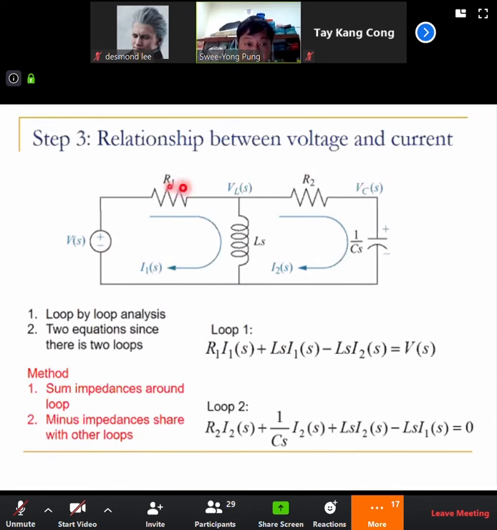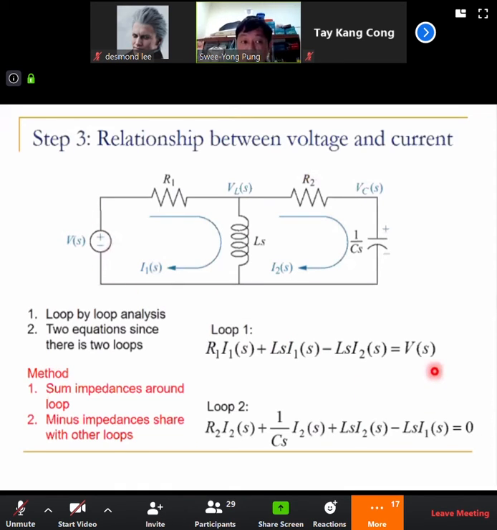For loop 1, the current flows in this direction, so we have I1 R1 plus LS I1. Now we have to minus impedance shared with other loops, means we minus away this component shared by other loops, which is negative I2 multiply LS, and it is equal to our input.